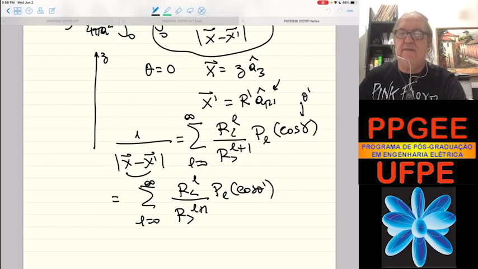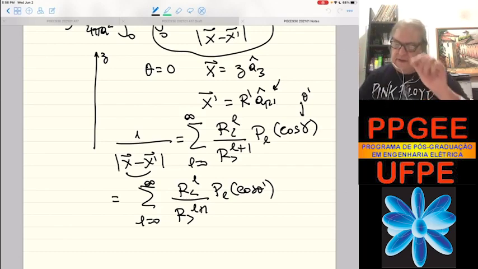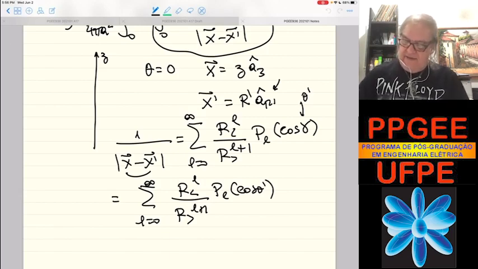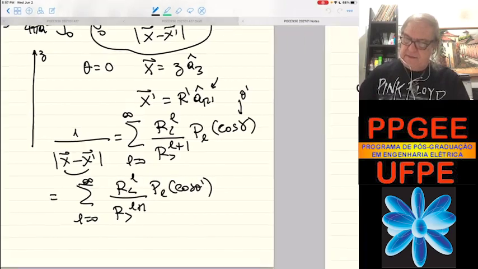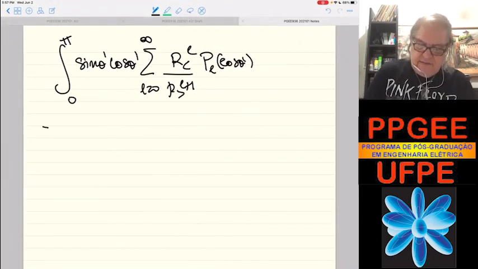PL cosine gamma. Yeah, that's correct. PL cosine gamma. So it's cosine theta prime. So we have this integral, which is going to be integral from 0 to pi.